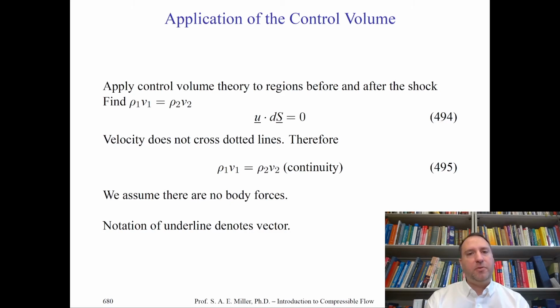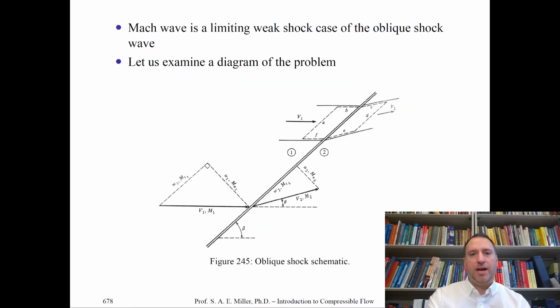So, I apply, indeed, the control volume formulation. Now, we can write rho 1 V1 equals rho 2 V2, and look at that in the particular diagram. Can you see why rho 1 V1 equals rho 2 V2?